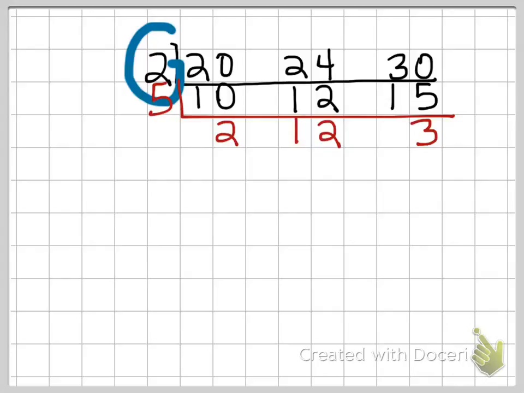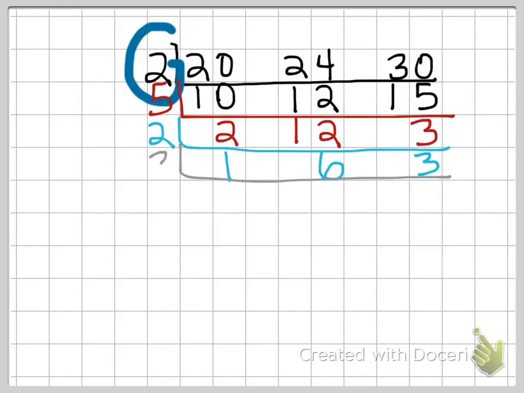It will not matter which one I pick. Let's just go with 2 to make it simple. 2 divided by 2 is 1. 12 divided by 2 is 6. I can't do anything with that 3, so I'm going to write it like that. I can still do one more operation, though. I'm going to take out 3. I can't do anything with that 1, so I'm leaving it be. 6 divided by 3 is 2, and 3 divided by 3 is 1.